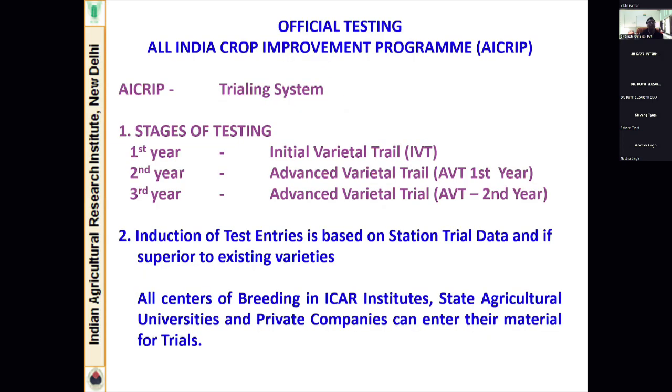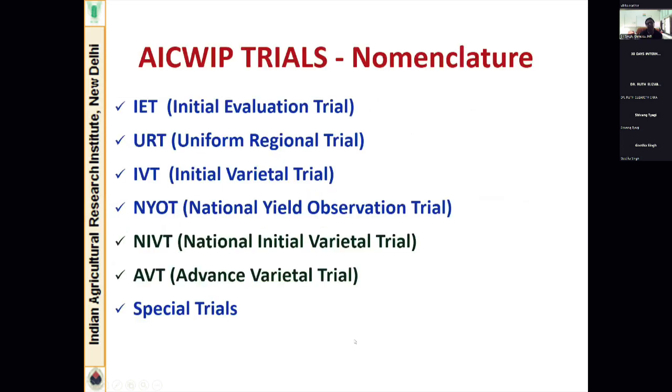In the official testing program, there are 3 years of testing. In the first year, initial varietal trial is there, and for 2 years, advanced varietal trials. Induction of test entries is based on station trial data and if superior to existing varieties. And all centers of breeding in ICAR institutes or SAUs and private companies can enter their material for trials based on the specific quota allocated to them.